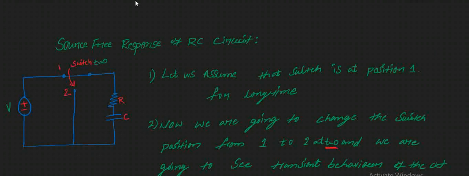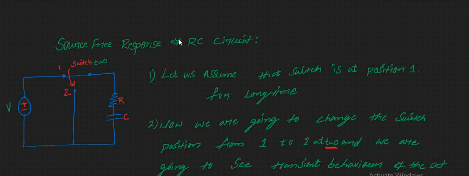By moving it like this, we are disconnecting the source from the circuit. In that situation, how does the circuit behave, and how does the voltage across the capacitor decrease, whether linearly or exponentially? What is the form, and how do the remaining elements behave?